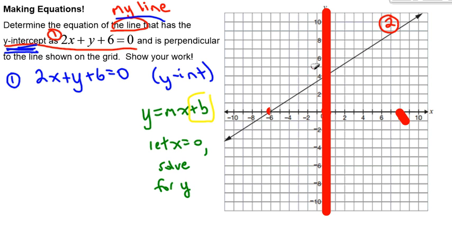So the 2 ways of finding the y-intercept are that you can rearrange it and look at the equation, or you can let x equal 0. And the reason why I'm really emphasizing don't forget you can let x equal 0 is because if I wanted to find an x-intercept, there's really only one algebraic way to do it, and that is to let y equal 0.